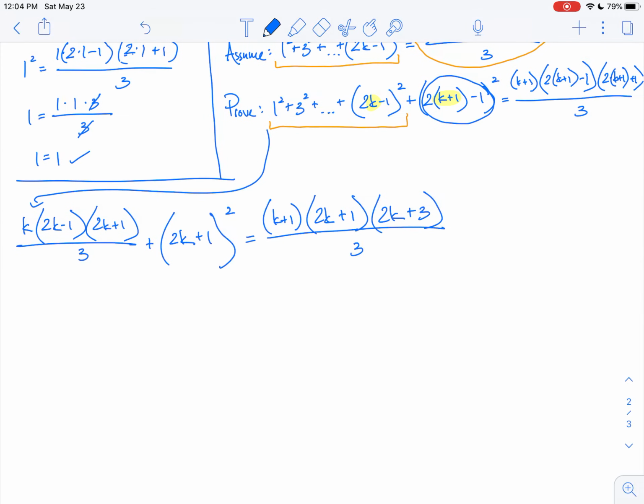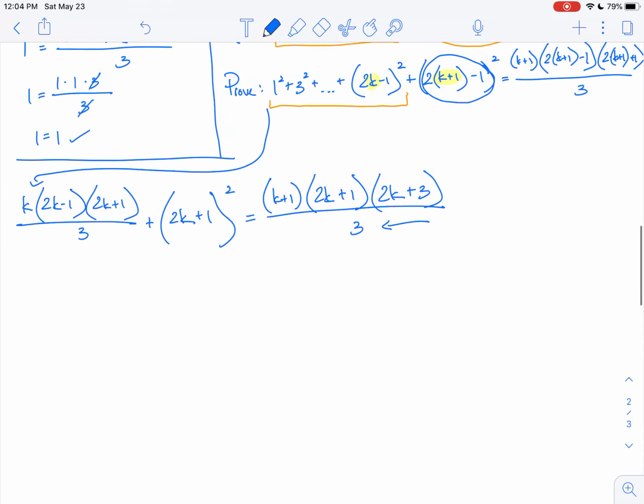Okay, so I noticed that the side that I want to make it equal to has a denominator of 3. So I'm going to try and make the left-hand side have a denominator of 3. So I get k times (2k minus 1) times (2k plus 1) over 3 plus 3 times (2k plus 1) squared over 3.